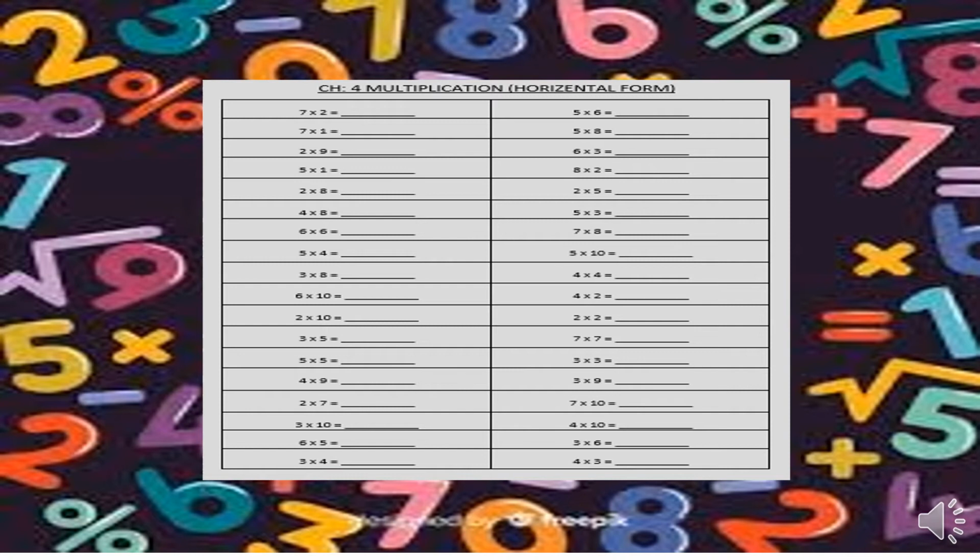So in this way, you see here I have given you the multiplication of 2, 3, 4, 5, 6, 7, 8, 9 and 10. So you have to learn the tables from 2 to 10. Then you can easily solve this page.